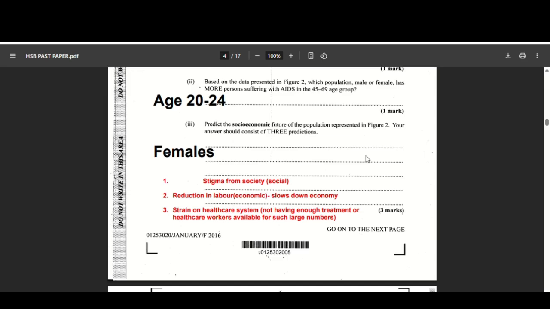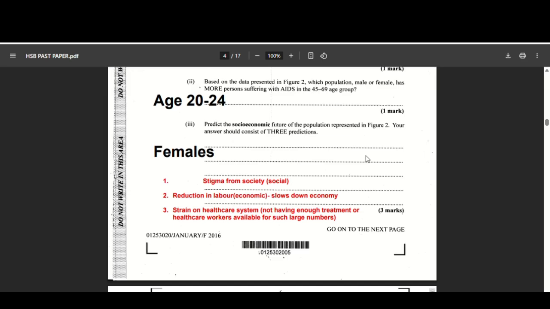So if a lot of people have AIDS and there's not enough treatment, it puts a strain on the government, on the healthcare system, on healthcare workers, because there's not enough treatment, and there's also not enough persons to work to deliver these treatments to these patients, right?